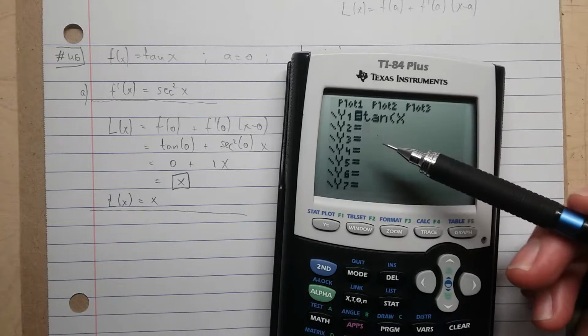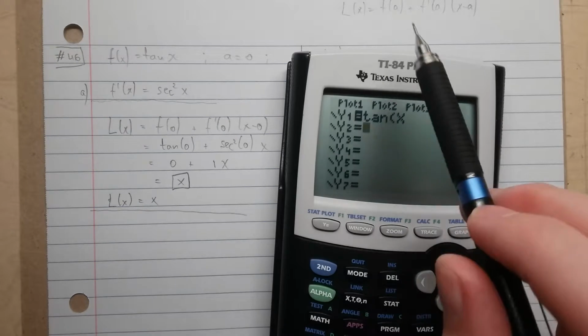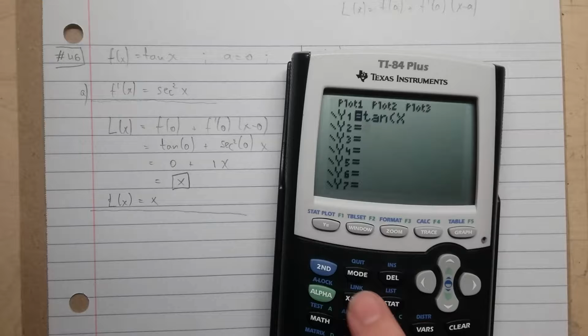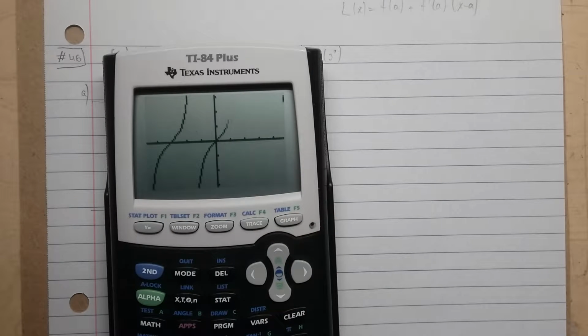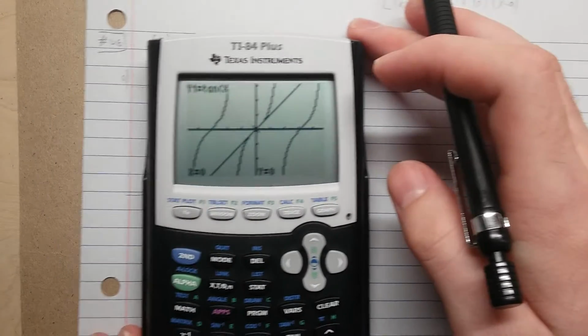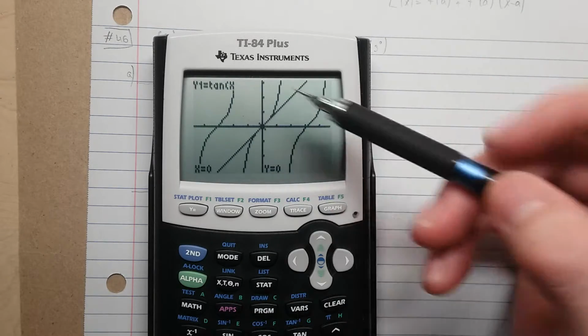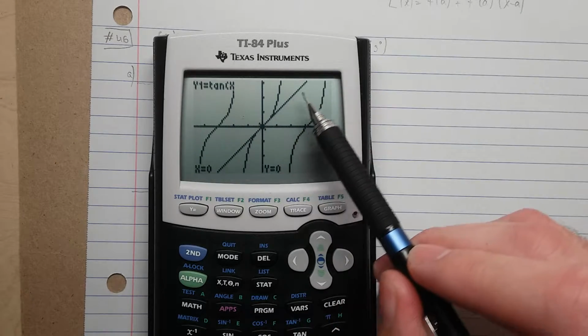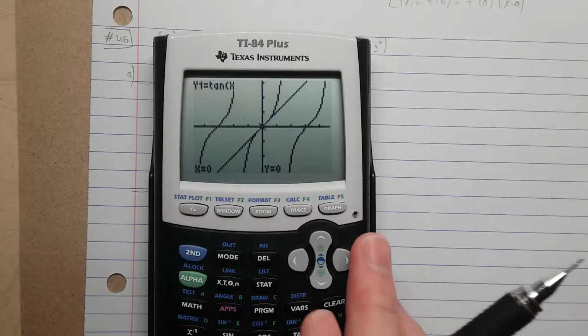Next we plug in the linear approximation formula, which is x. When we press trace, this is what we get. As you can see, this curve in here is tan of x, and this straight line is x, which is 45 degrees in here.